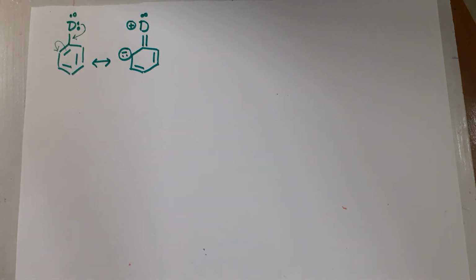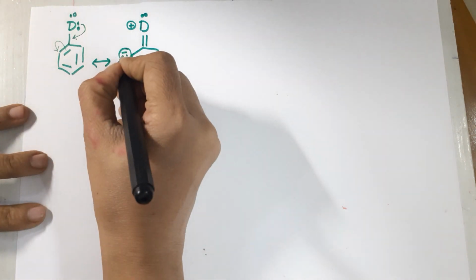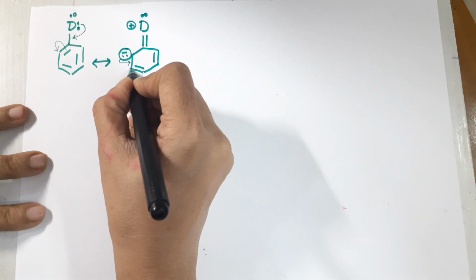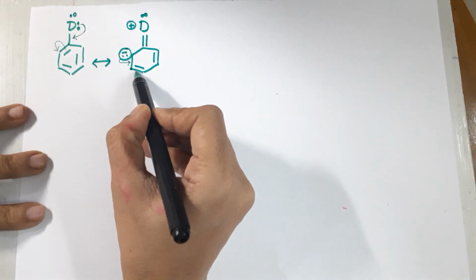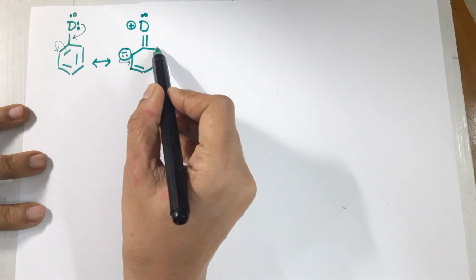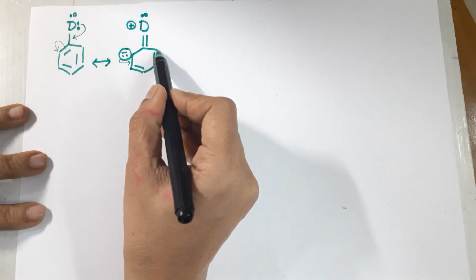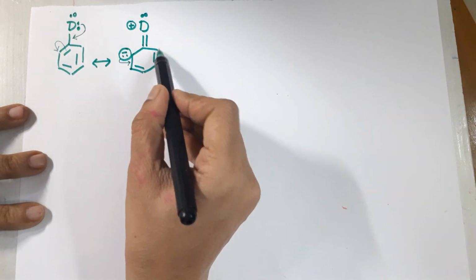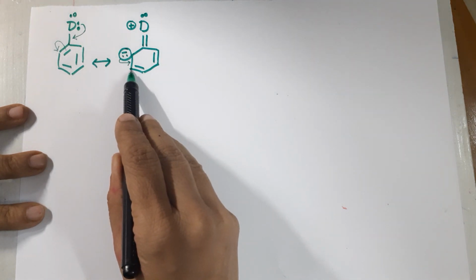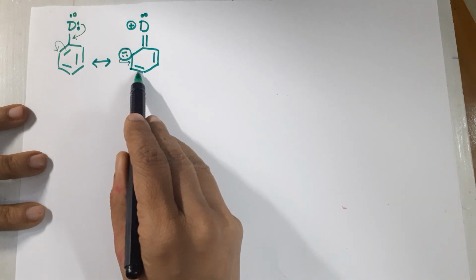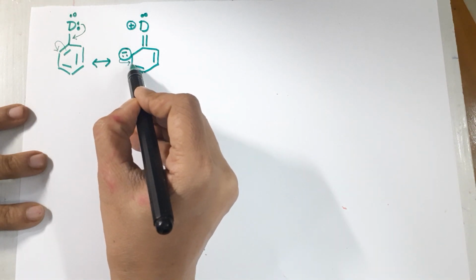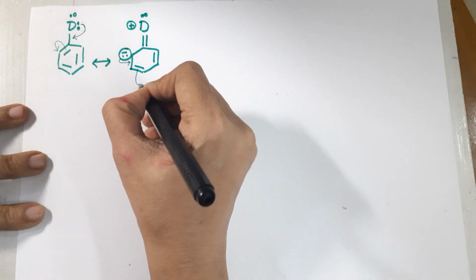Moving on further. Now, this electron pair is used to form a bond here. And this particular carbon, as you can see, has 3 bonds, but there is a hydrogen also. Hydrogen on all these positions is not shown, but you should always remember that there are hydrogens on these 5 positions. So this particular carbon has 3 bonds and 1 hydrogen, so there are 4 bonds, and you are trying to make the 5th bond, which means a bond is to be broken also.